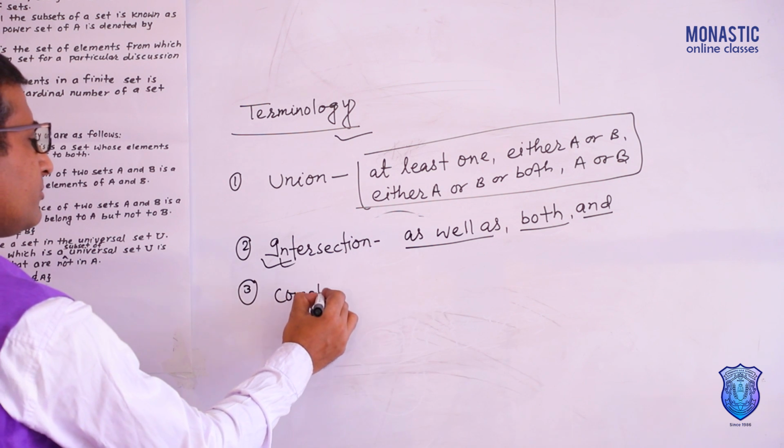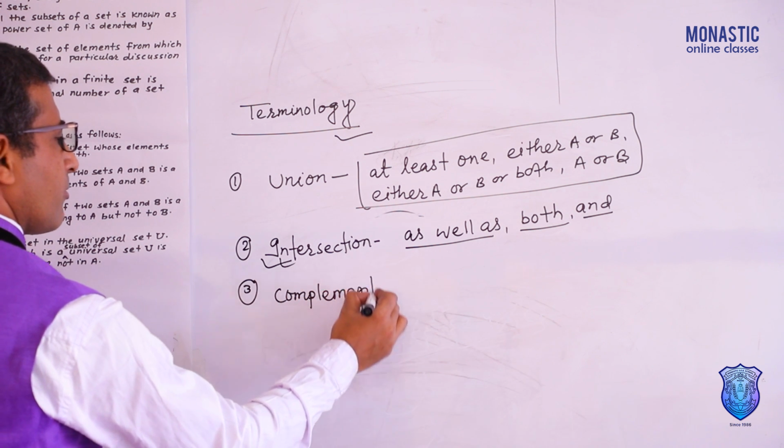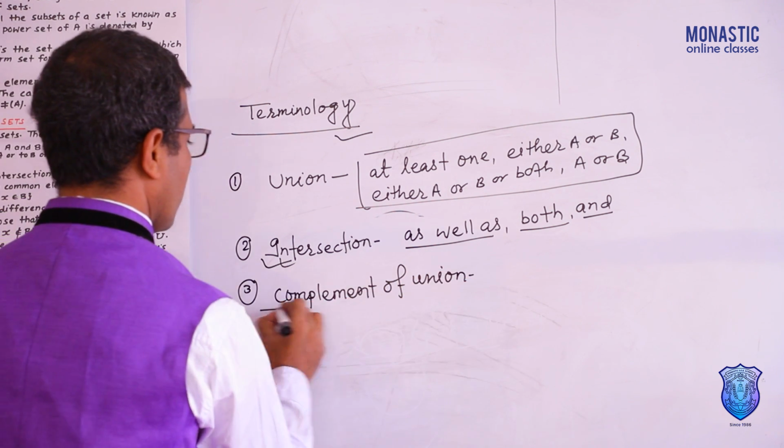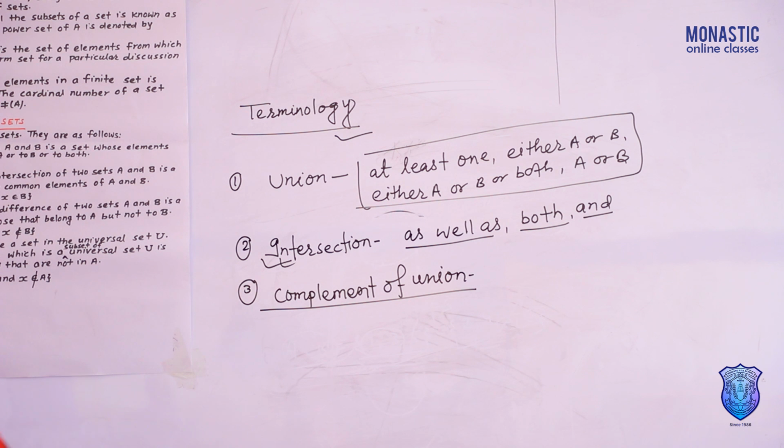Complement of union. When we say complement, for a question, you have to read it properly. If the question talks about pass students, then failed students will represent the complement of union.